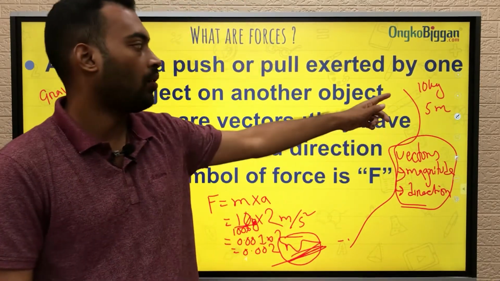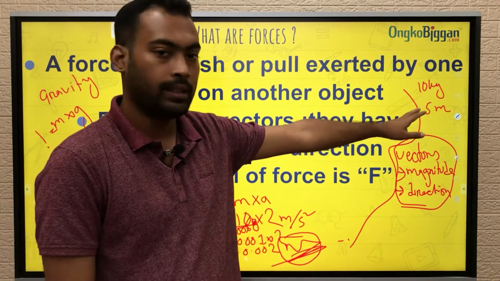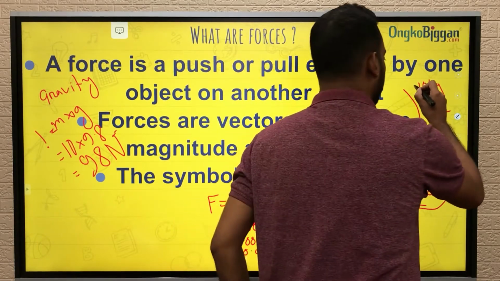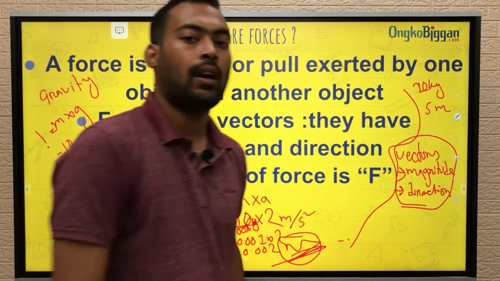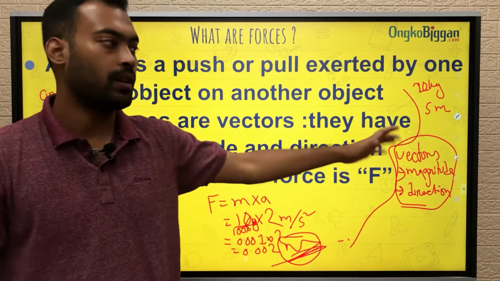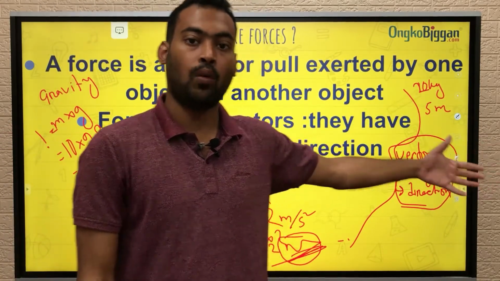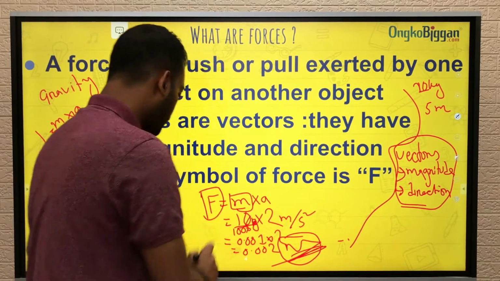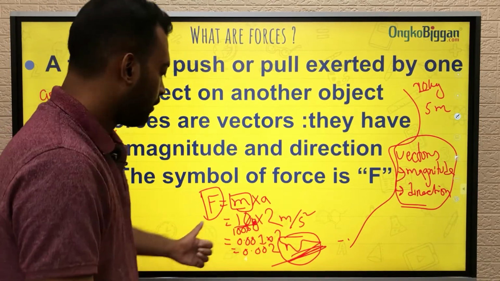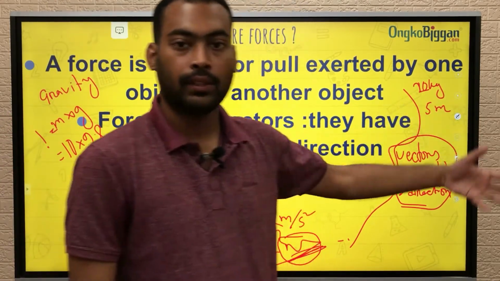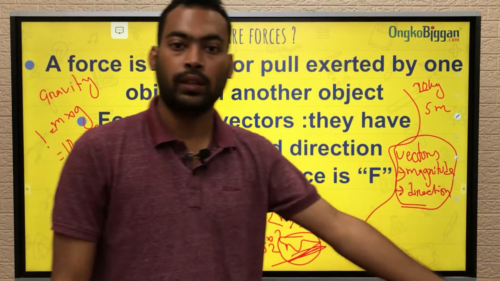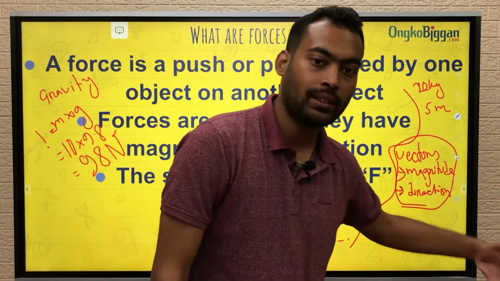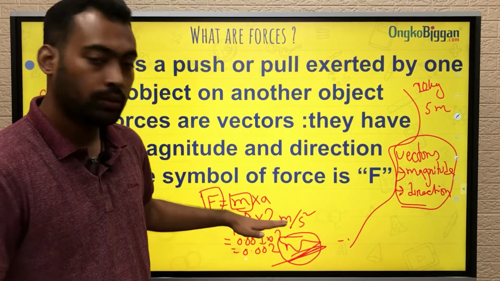You can easily do it, 10 kg, 5 meter. Now if I say that you have to pull an object of 10 plus 10, 20 kg, now it will be a bit difficult. So why? Because the more the mass is, the more the force is. So when the mass is increased, you need to apply more force on it in order to pull it. So this is the impact of mass on the force, and acceleration also.